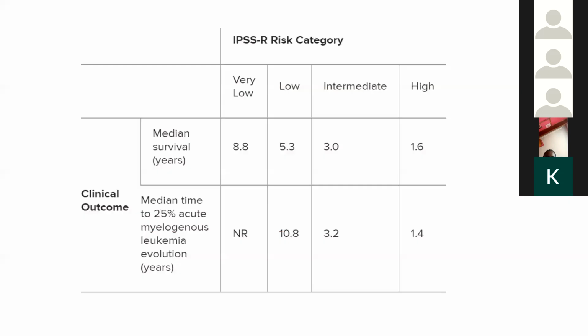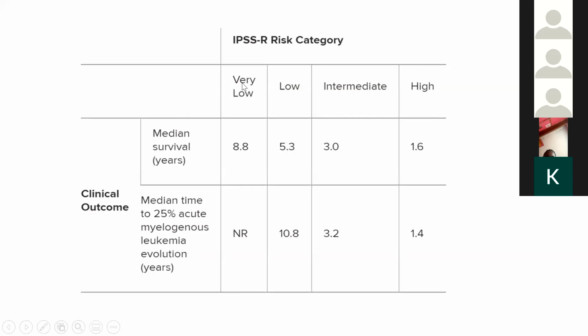So if we look here, this is just to show you the clinical outcome against the risk category. There's the median survival, up in the upper part of their clinical outcome and their median time to develop acute myeloid leukemia.